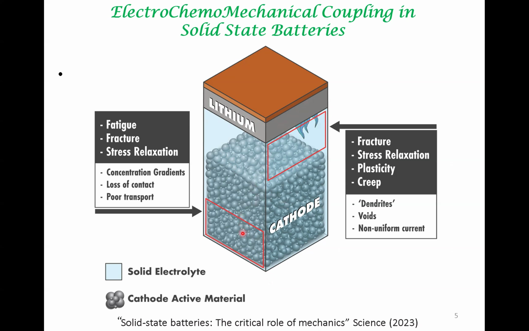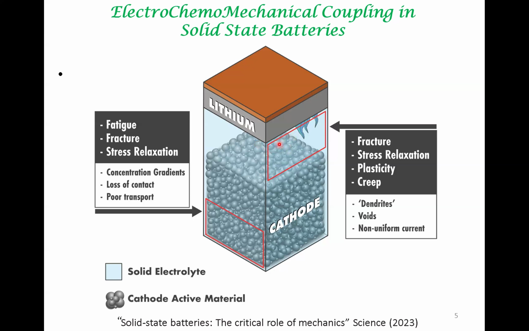The cathode is always a solid in all lithium ion batteries, as opposed to liquid electrolytes in the most common lithium ion batteries. The electrolyte in a solid state battery is a solid. This brings in mechanical coupling at a very different level.